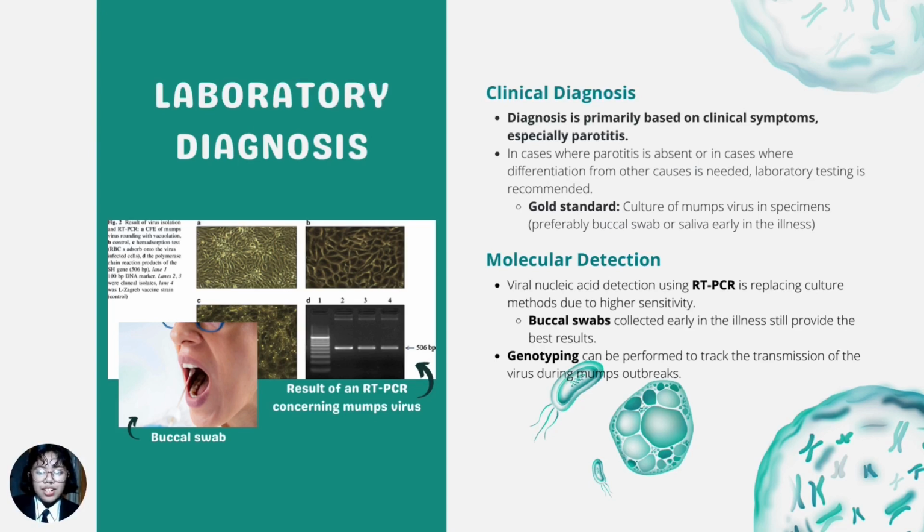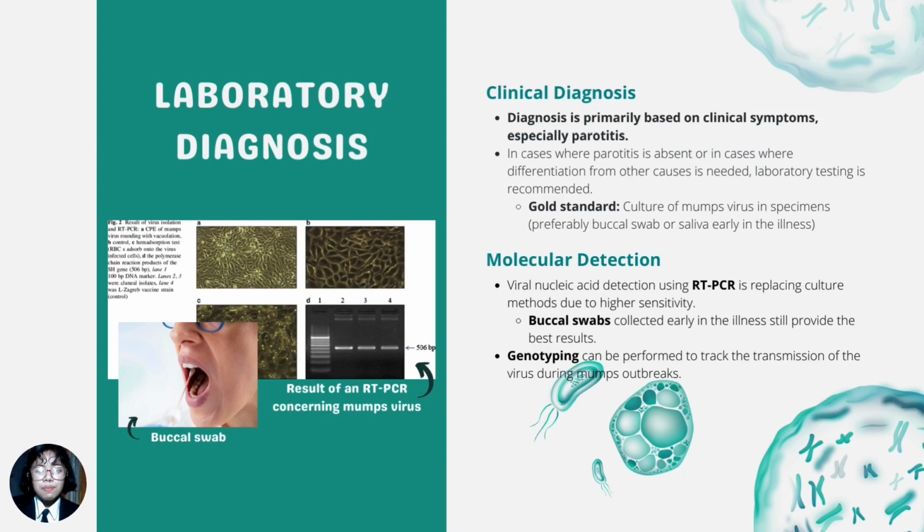Culture of the mumps virus from clinical specimens is considered to be the gold standard for laboratory confirmation of acute infection. Within the first few days of illness, the mumps virus can be isolated from saliva, urine, CSF, or swabs. Among these, buccal swabs or saliva is usually preferred.